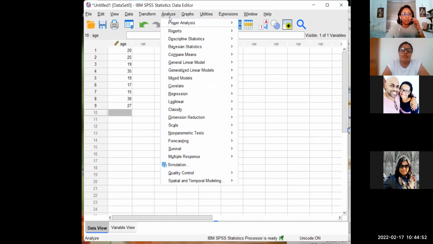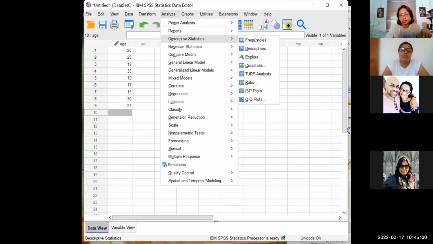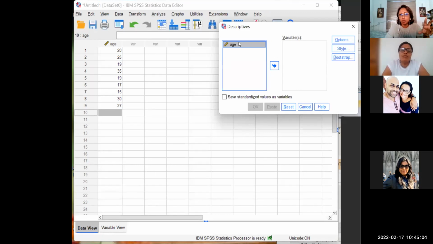We are going to analyze this data to get the SDs and the Z scores, right? Analyze, descriptive statistics, and descriptives. That's where we go. We choose the variable and put it into the variable box. So this is highlighted, I use this arrow to put it there, right?